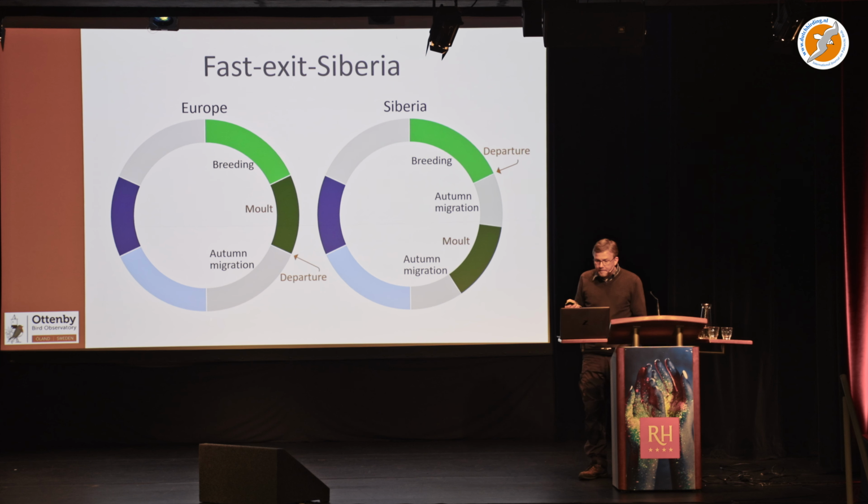To start with, rearranging the time schedule in this way means that the birds get to leave considerably earlier from the breeding grounds. This is the Siberian birds. You see, compared to our European birds, they leave more or less 1.5 months earlier from the breeding grounds.